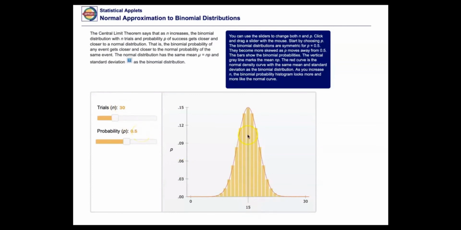Well, 15 is the expected number of successes here, which is greater than or equal to 10. And with 15 expected successes, that means that we also have 15 expected failures here, which is also greater than or equal to 10, which means for n equals 30 and p equals 0.5, we are safe to use a normal approximation to the binomial distribution.